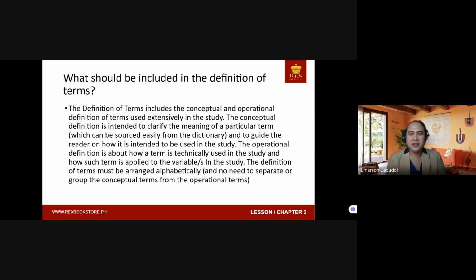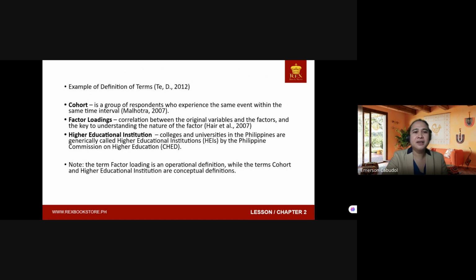An operational definition, let's say employee engagement is measured using the Gallup Q12 survey, assessing factors such as clarity of the expectations, availability of resources, and opportunities for development. These are examples of definitions of terms.